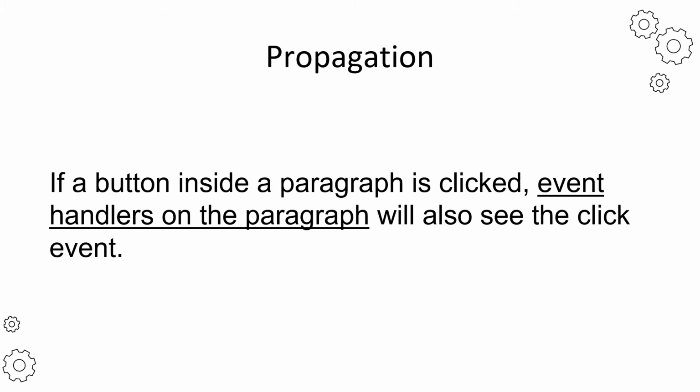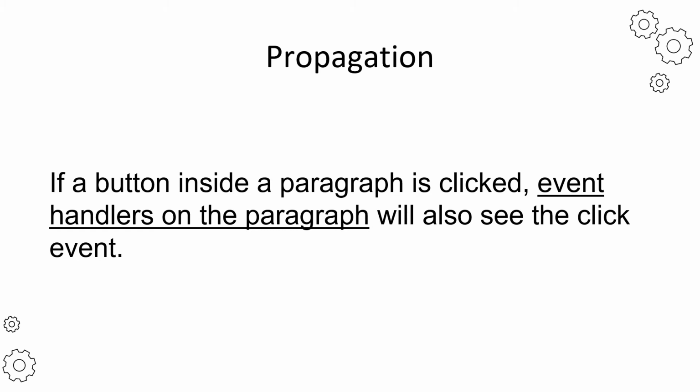The next concept is the propagation of events. An event on a node would be passed outward, which means all the upper level nodes or parent nodes would receive the event as well.